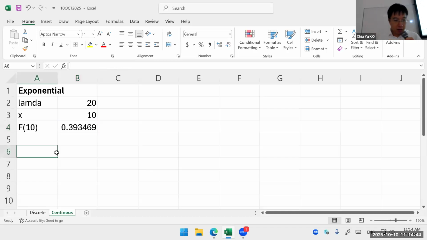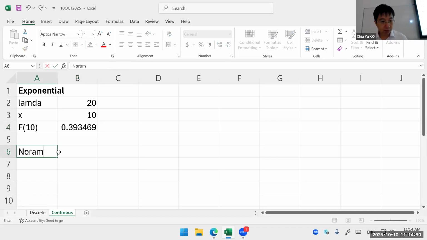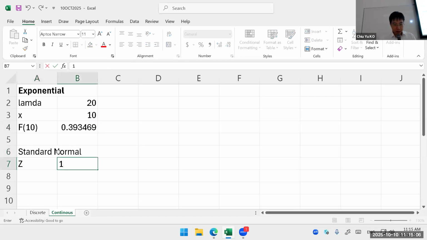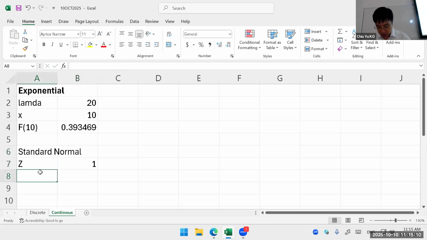So before we end, we tell you the most important part, normal. Maybe I go to standard normal first, because this is the table, right? We have Z is equal to 1. Then we want to know the F of that. That's the table. We have that.